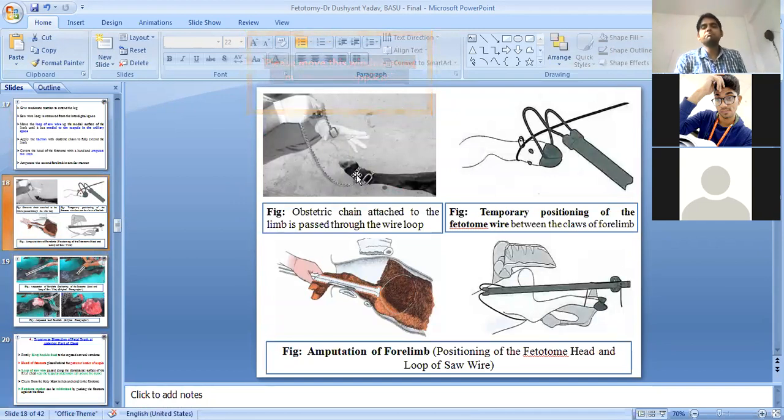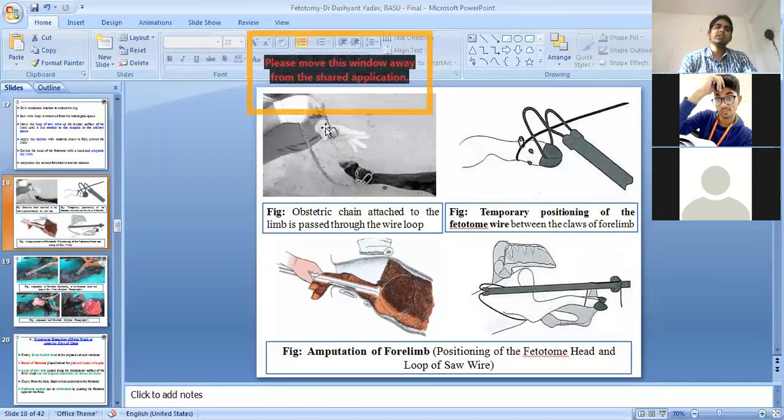First, we anchor the obstetrical chains near the fetlock joint of one limb of the fetus, and then one end of the obstetrical chain is inserted into the loop of the wire shaft. Here is the loop of the wire shaft.